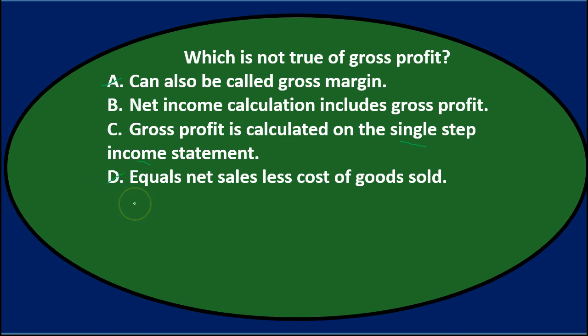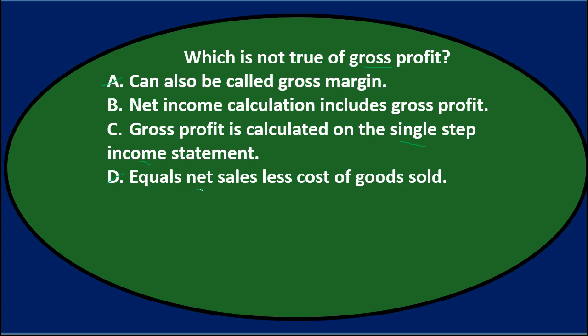And of course, when we think about this, we do want to think first, what is the gross profit calculation? That probably is the thing you want to calculate in your mind first before we even read through these, and that'll help us to process these out and then just look for the correct answer. So the gross profit calculation is net sales. Whenever you see the term net sales, remember that doesn't mean net income. Don't get those two mixed up.